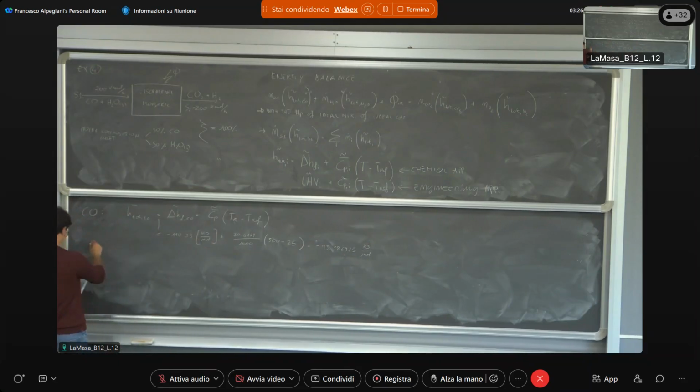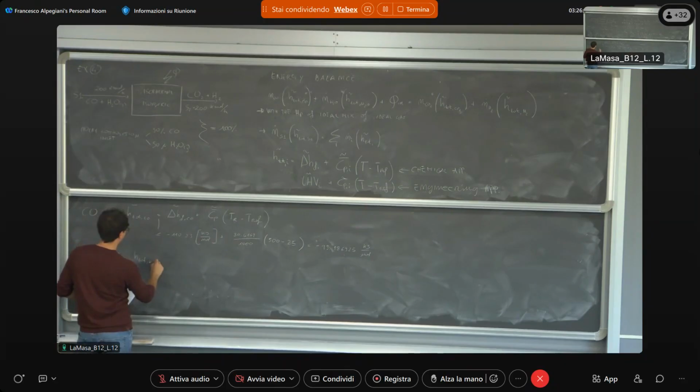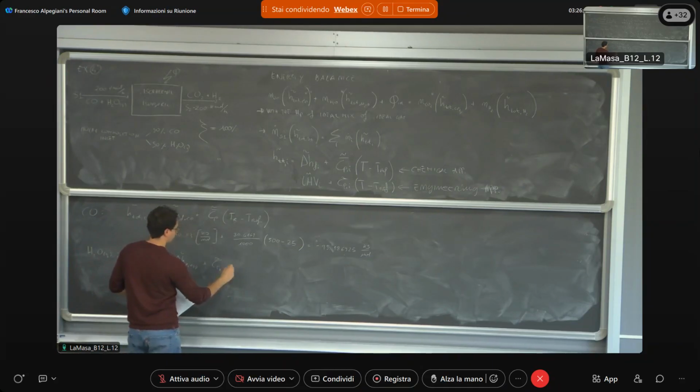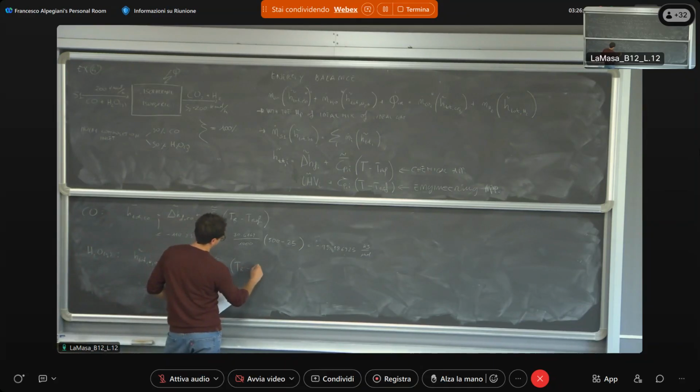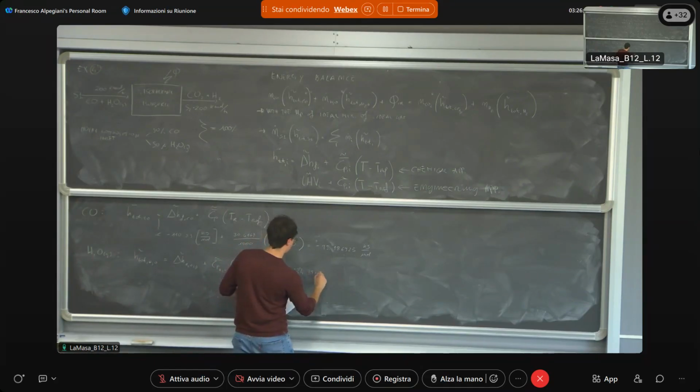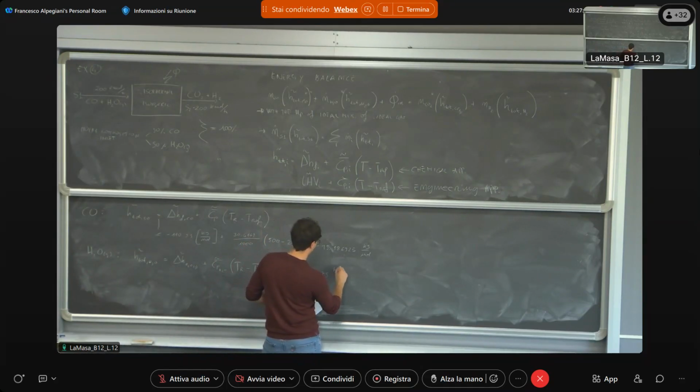So for H2O, the total enthalpy of H2O is equal to delta H plus Cp times T minus Tref, and this comes equal to minus 224.391775 kilojoule over mole.